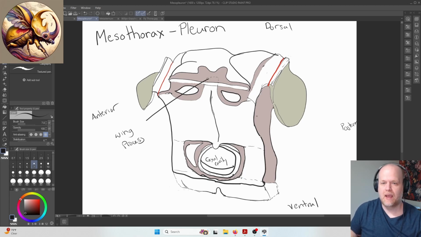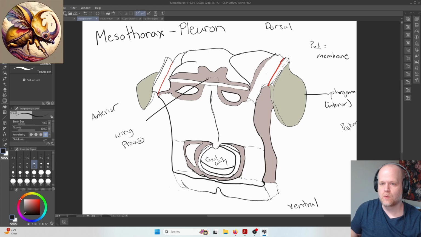All this pink area here represents membranous area. So pink equals membrane. And then these are interior. These are the phragmata. So this is a phragma. And this is on the interior.